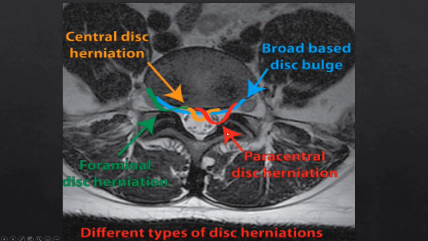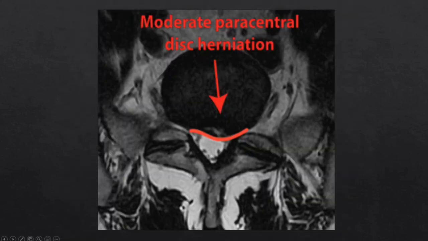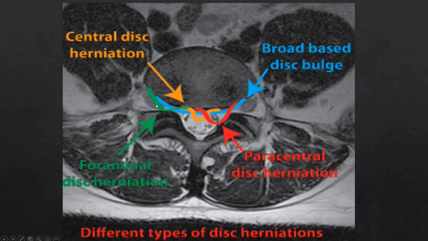So the blue line shows when you hear about a broad disc bulge, you'd see the edge of the disc being broadly stretched. If you hear about a central disc protrusion or central disc herniation, that would be here in the central canal.